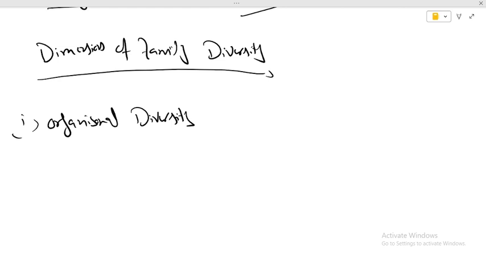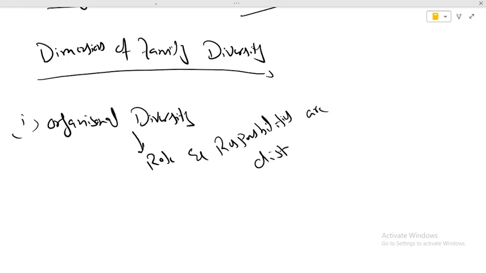This refers to the different ways in which roles and responsibilities are distributed within a family.